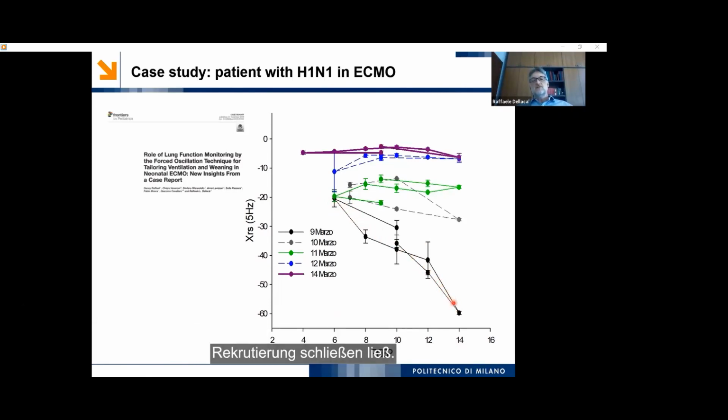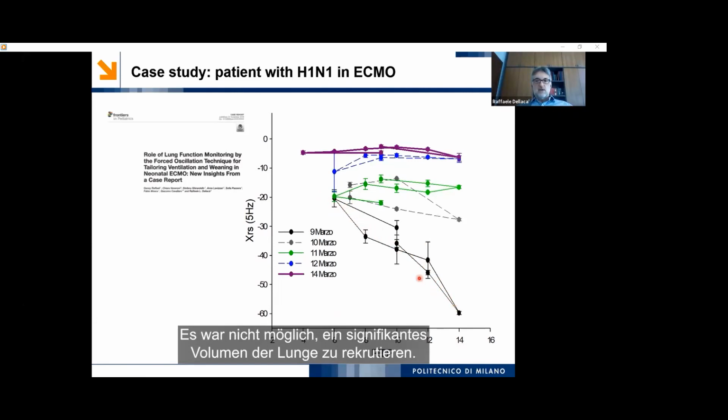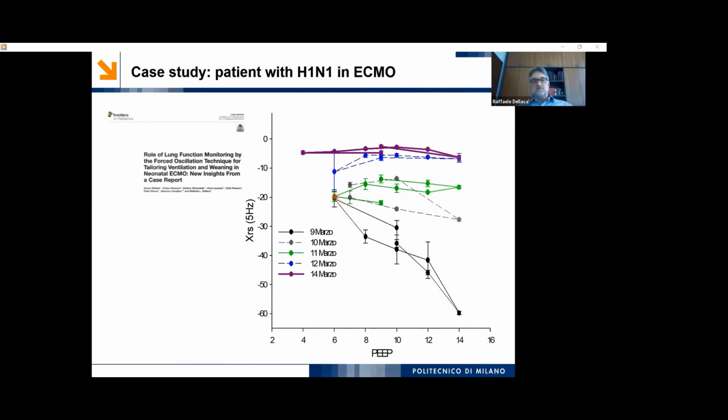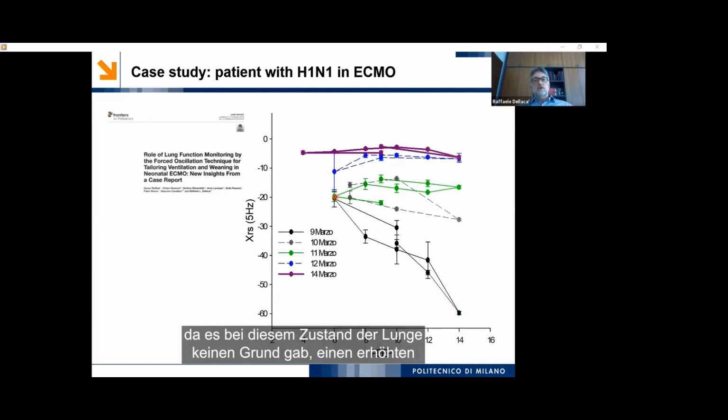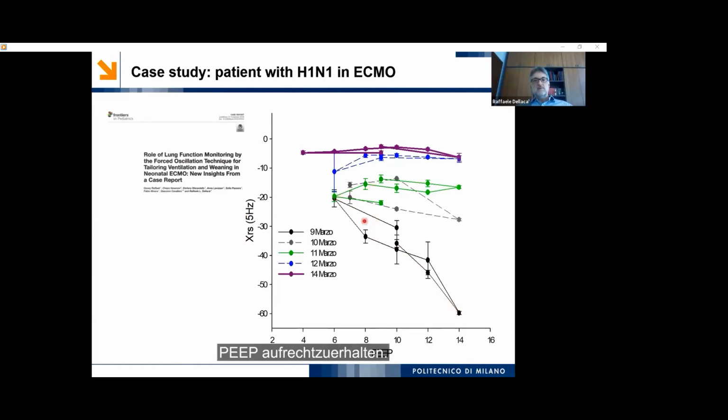This was suggestive of no recruitment. The lung was flooded. There was no way to recruit a significant amount of the lung, and therefore we were keeping the pressure at the PEEP very low because there was no use of having an increased PEEP in this condition for this lung.